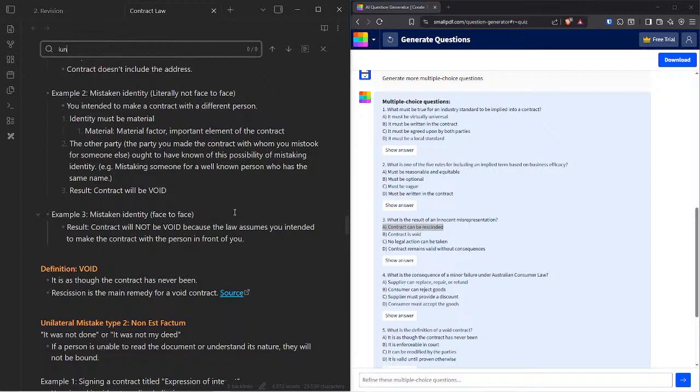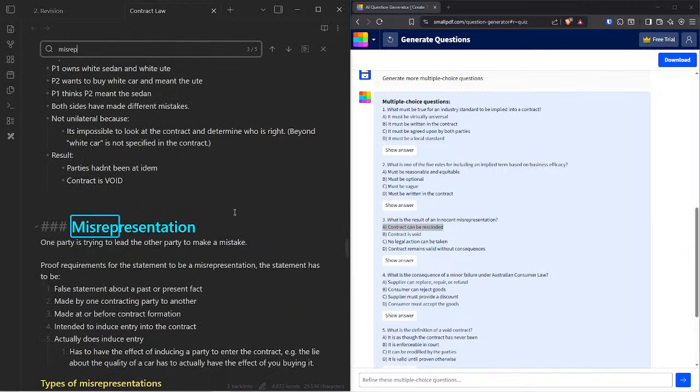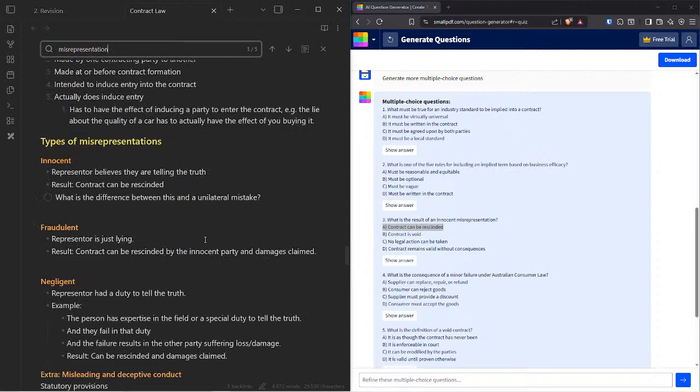Well, misrepresentation. Contract can be rescinded. But is there a difference between... If a contract can be rescinded, does that necessarily mean it is also void? Maybe it doesn't really matter.